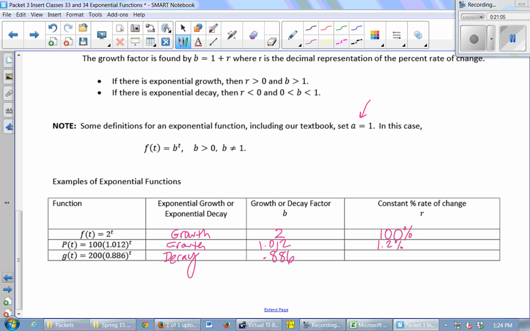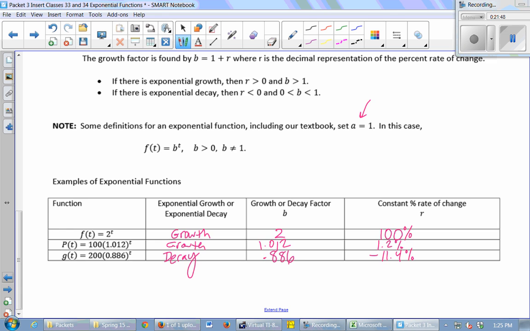We're taking 88.6% of what we had before. Multiplying by 0.886 is like saying, let's figure out what 88.6% of 200 is. That's how much you get to keep, which means you are losing, is it 12.4 or 11.4? 11.4. So my constant percent rate of change is negative 11.4%. I am losing 11.4% each year.